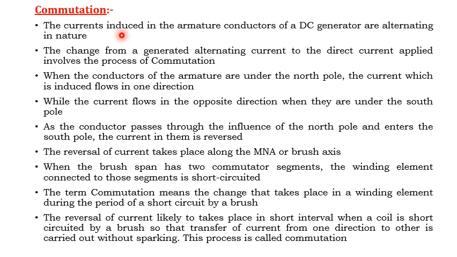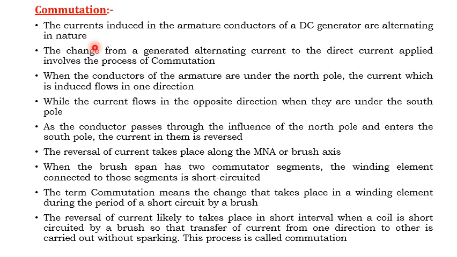Whatever current is induced in the armature conductors of a DC generator is alternating in nature. The EMF induced in an armature coil, due to the induction of an EMF in an armature conductor, causes a current to flow through the armature conductor, and this current is alternating.